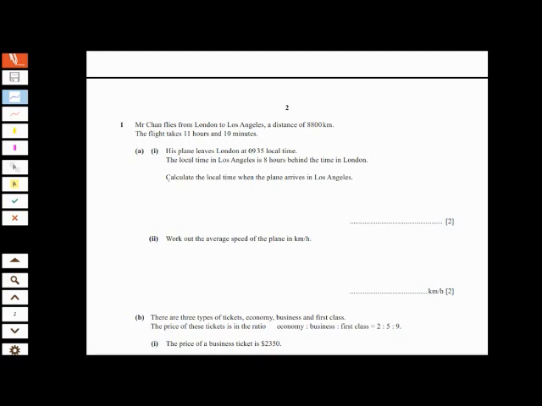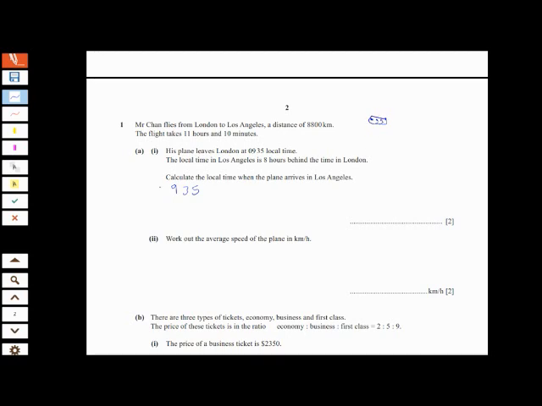So basically, he goes out at 9:35. But notice here, before we start this question, in order to solve questions like this, you'll need to know this button in your calculator that looks something like this. You have to use it.